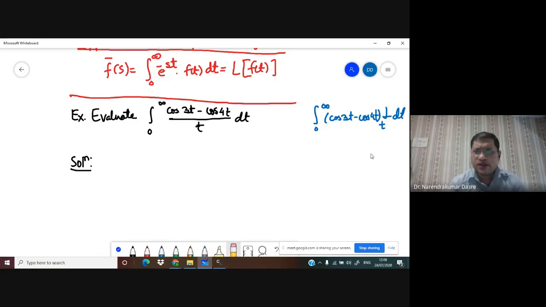I assume any one of these to be u and the other to be v. You can choose any one here as u and the other as v. But the problem is that both these functions are infinitely integrable and infinitely differentiable.